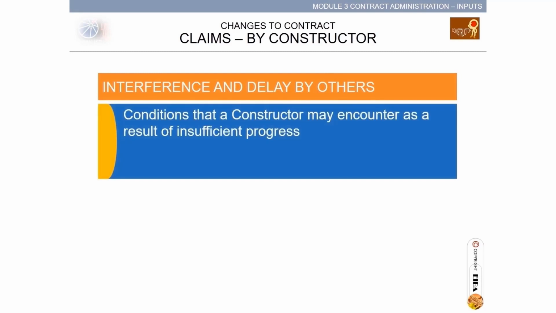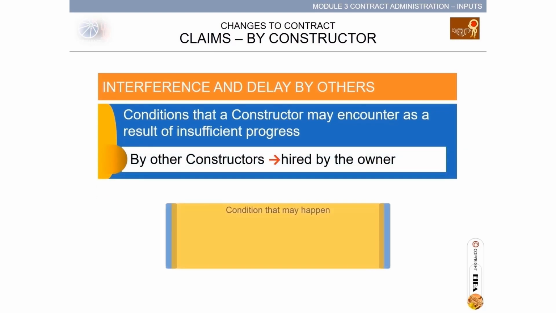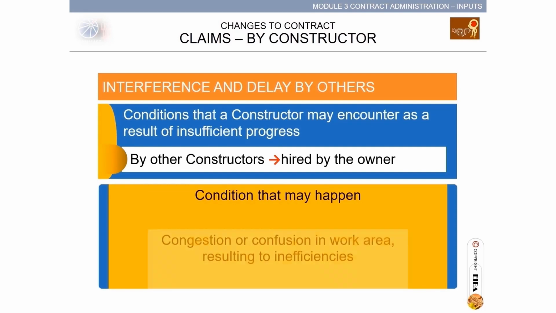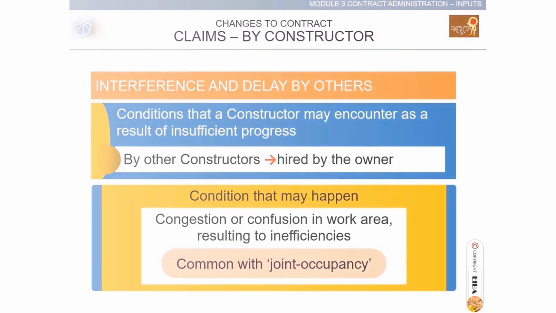Interference and delay by others: conditions that the constructor may encounter as a result of insufficient progress by other constructors, those hired by the owner. The condition that may happen is congestion or confusion in the work area resulting in inefficiencies, especially common with joint occupancy.